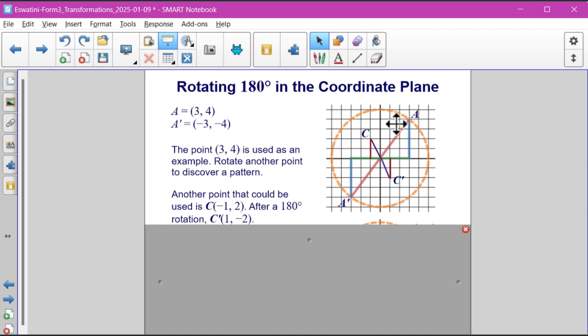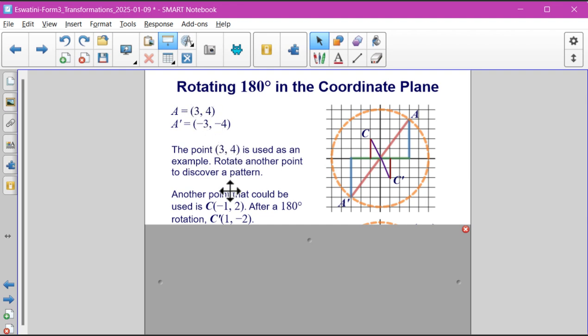Another point that could be used is point C, negative 1, positive 2. After a 180-degree rotation, C prime would be 1, negative 2. Let's do a comparison. A was 3, 4. A prime was negative 3, negative 4. Point C was negative 1, 2, and point C prime was 1, negative 2.